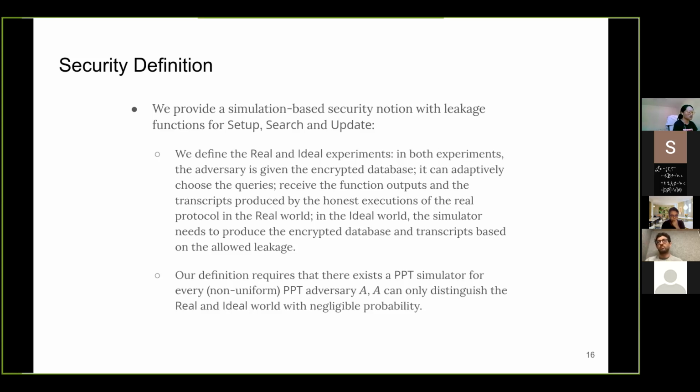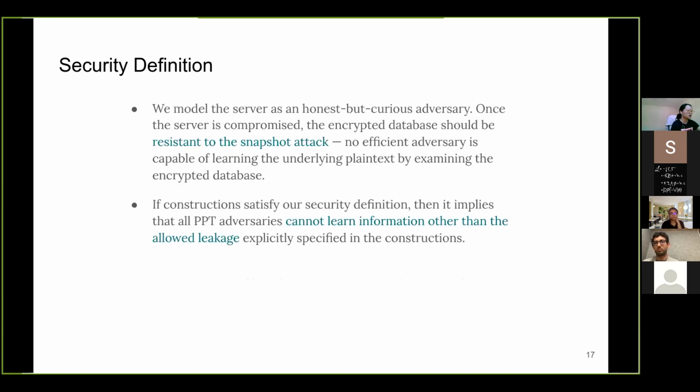And our definition requires that there exists a PPT simulator for every non-uniform PPT adversary A. It can only distinguish the real and ideal worlds with negligible probability. In this security definition, we model the server as an honest but curious adversary.